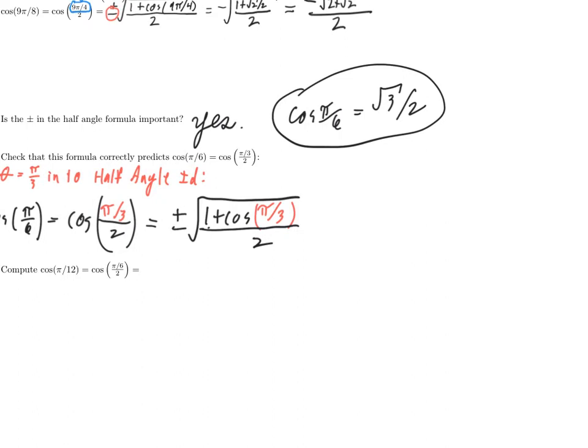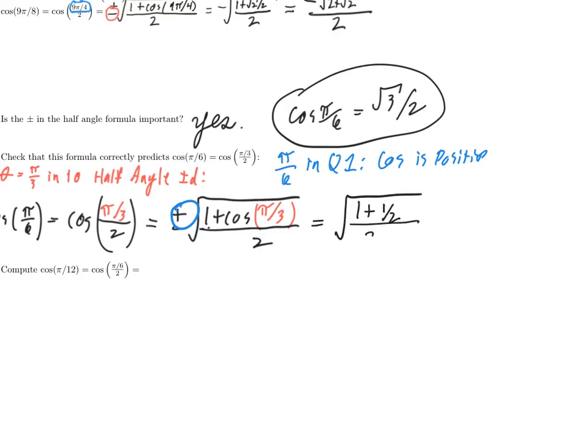And let's deal with the plus or minus first. So let's see, pi over 6 is in quadrant 1. Cosine is positive. So this will be plus the square root of 1 plus cosine of pi over 3, which is 1/2, all over 2.